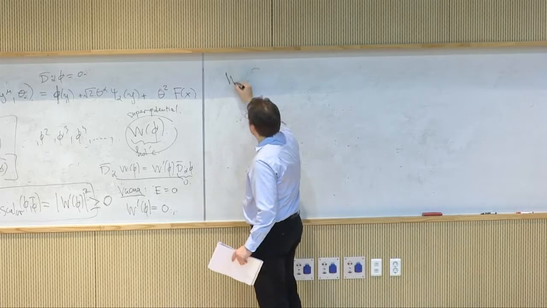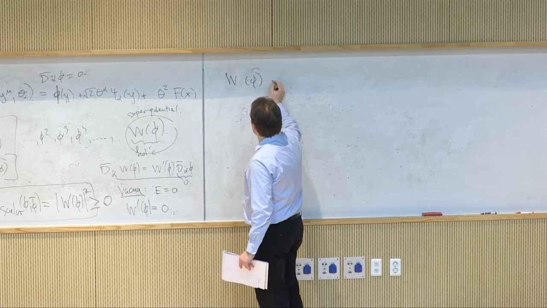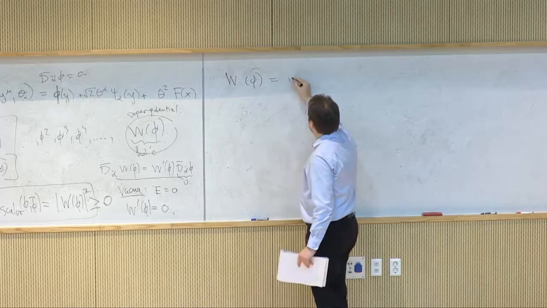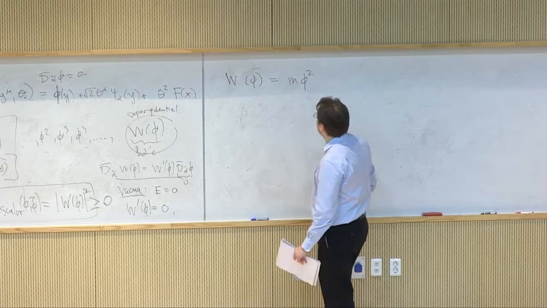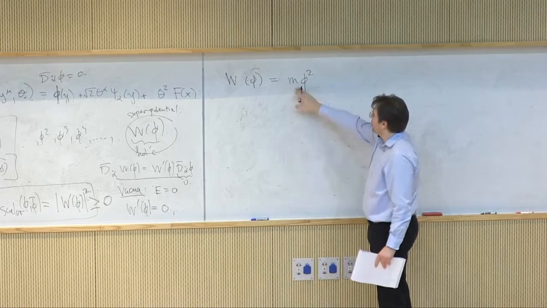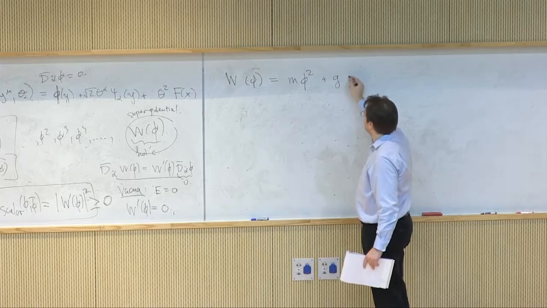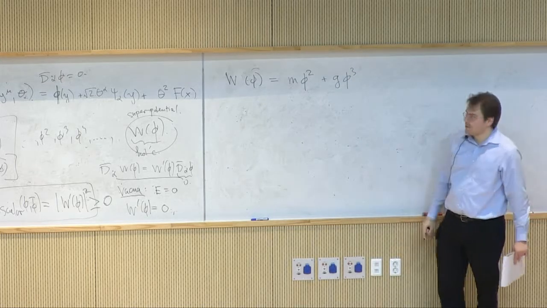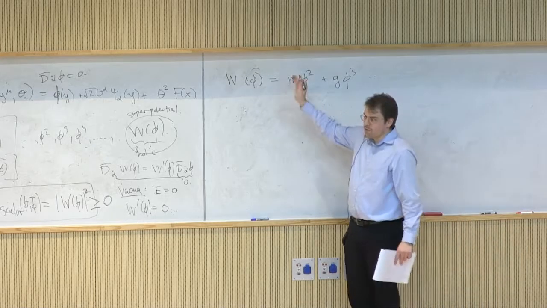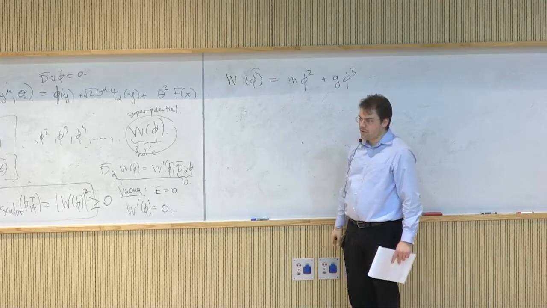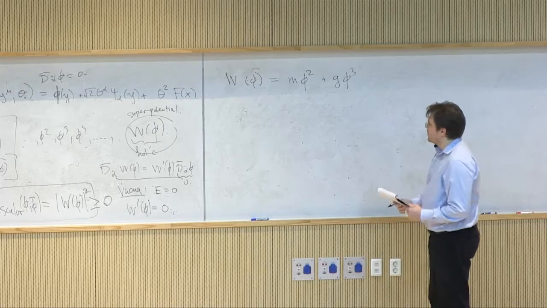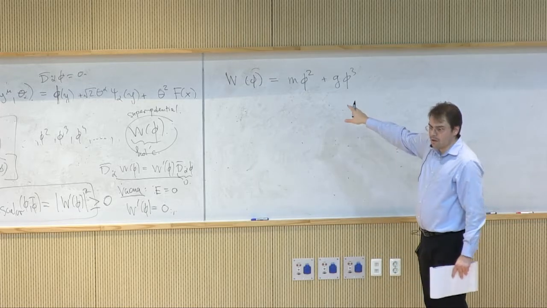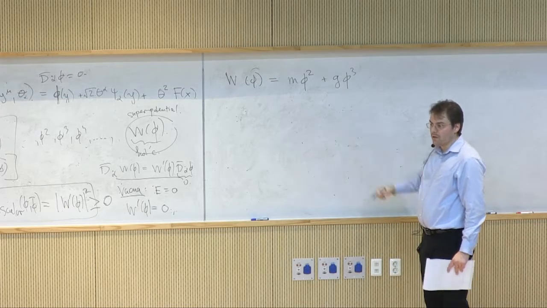And you get a renormalizable theory if W is at most cubic. So we're going to have here a quadratic term in phi with some coefficient m, and a cubic term in phi with some coefficient g. These are coupling constants. There's no linear term because we can shift that away using some field redefinition. So this is the most general renormalizable superpotential for a single phi.